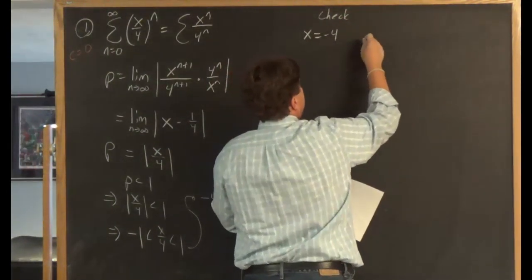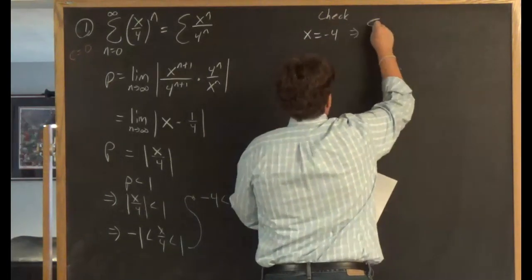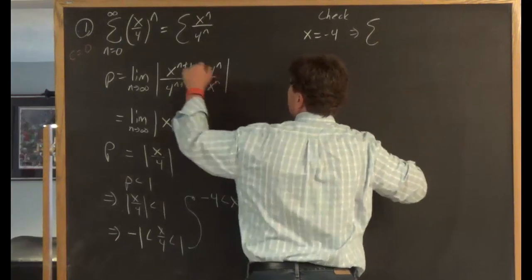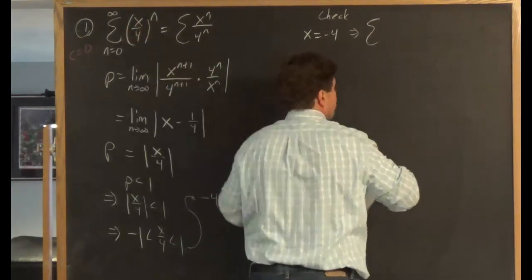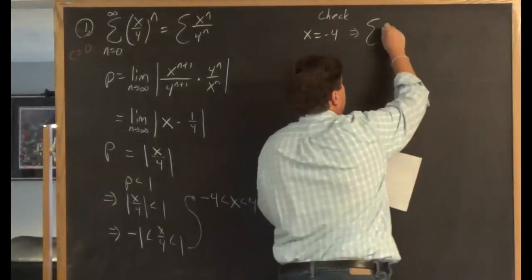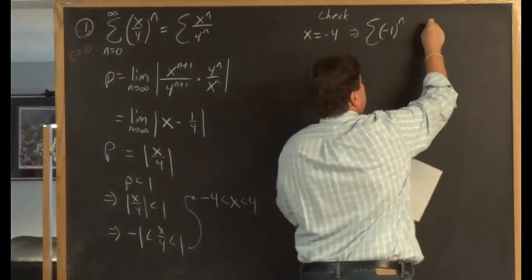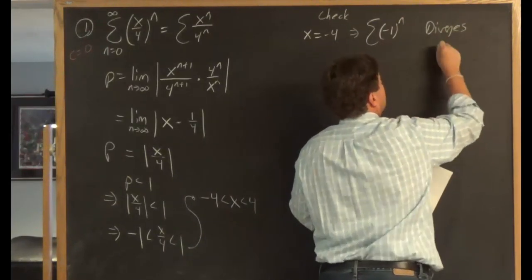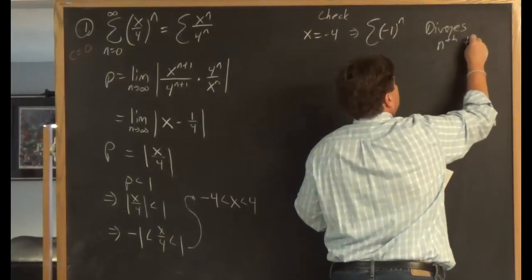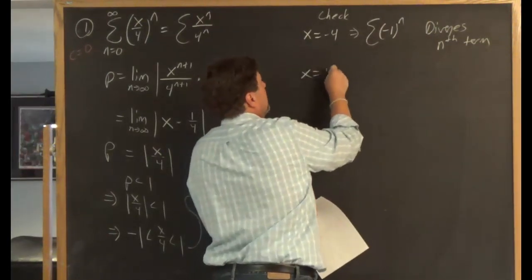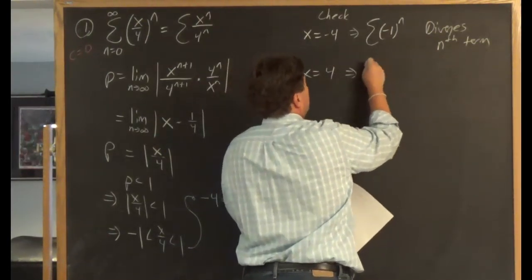Let's check x is negative 4. So that gives us the series, well look, negative 4 over 4. What's negative 4 over 4? That's right, negative 1. You should know quickly. That diverges, thanks to the nth term test. You check x equals 4.